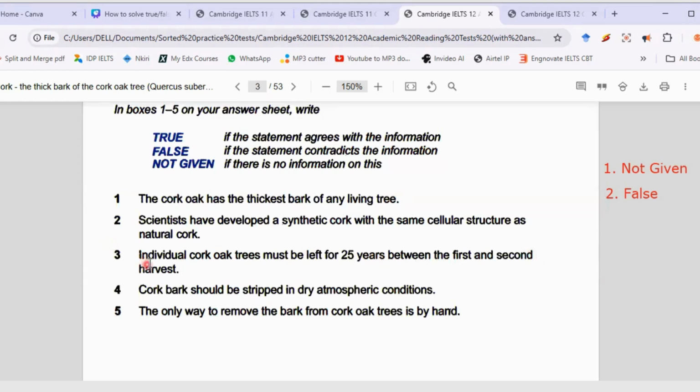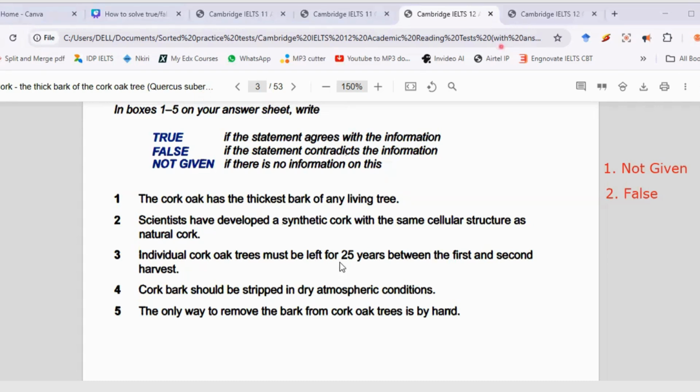So based on what I explained earlier, is number 3 true, false, or not given? Who can tell me? What is the answer? Ladies and gentlemen, who can tell me? Number 3 should be false.